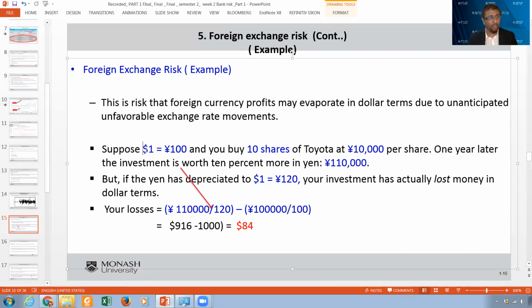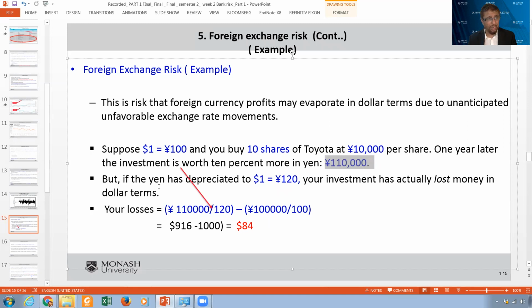If 1 American dollar equals 100 yen, and you buy 10 shares of Toyota, the huge automobile company in Japan, and 1 year later there was a 10% increase in prices, your investment now is 110 yen. So those 10 shares now equal 110.